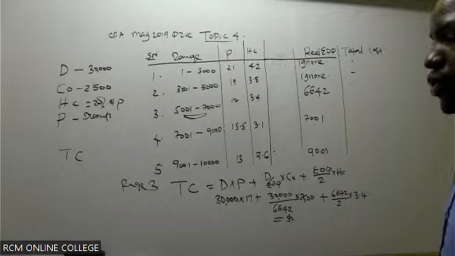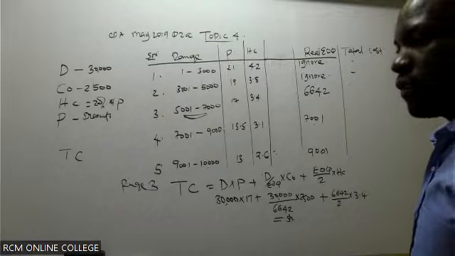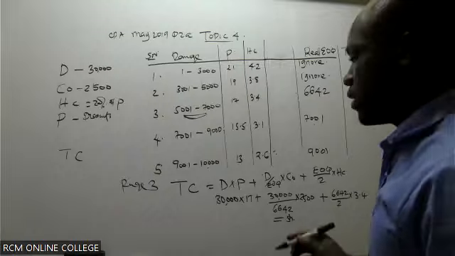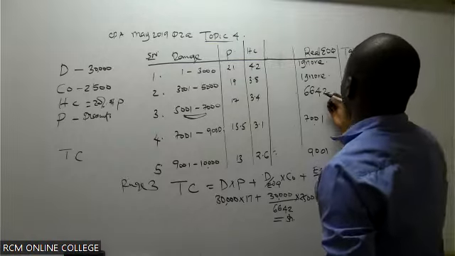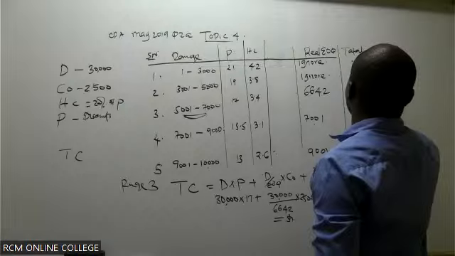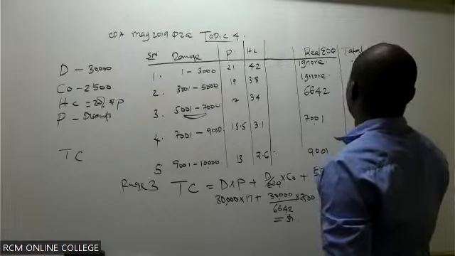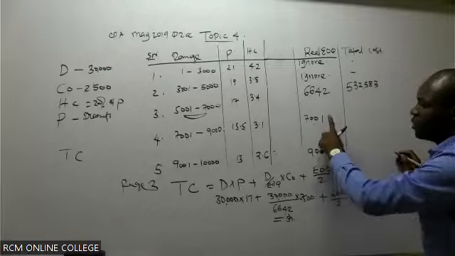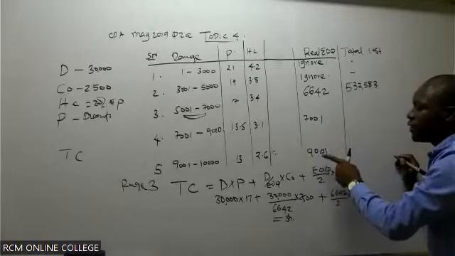What are you getting as the total cost? 532,583. Do the same to the fourth and the fifth.